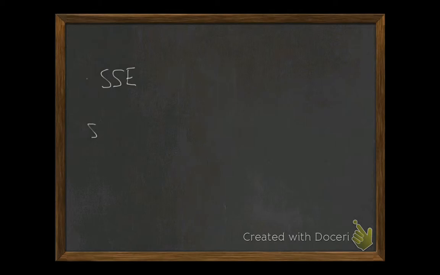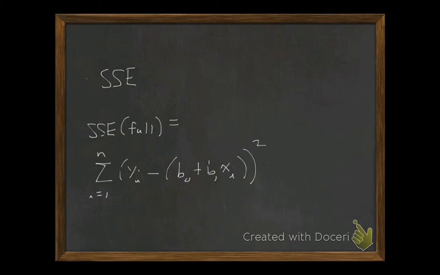So the sum of squares for the error for the full model is just going to be the sum from i equal 1 to n of (y sub i minus (beta 0 plus beta 1 x sub i)) squared, which upon investigation you can see is just the sum from i equal 1 to n of (y sub i minus y hat sub i) squared.